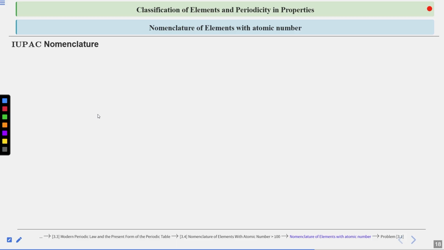Then moving on to the next section of NCERT, which includes the IUPAC nomenclature. At the time of discovery of elements, first of all the elements were given a name according to the discoverer, and IUPAC was approving that.